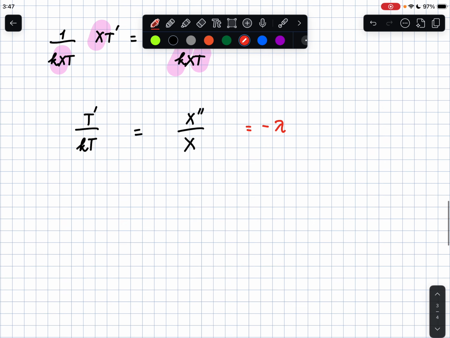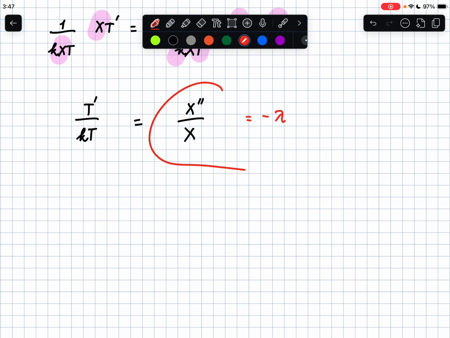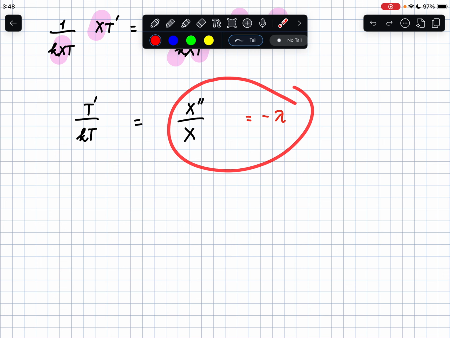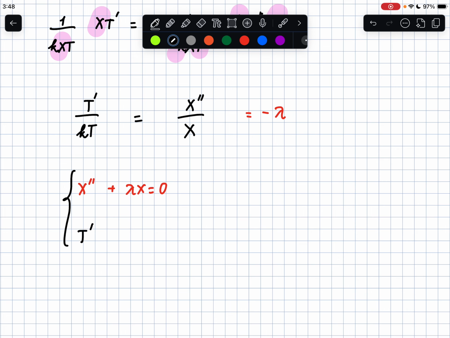We choose it to be minus lambda to make the equation nicer when I write it down like this: X double prime plus lambda X is 0. So it's always this plus lambda X. The other ODE we have is T prime plus lambda k T equal to 0. We will try to solve these two ODEs, the first one and the second one.